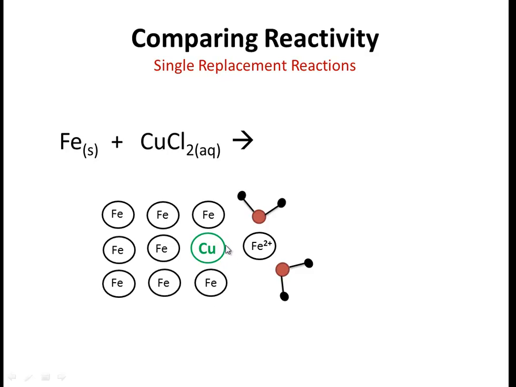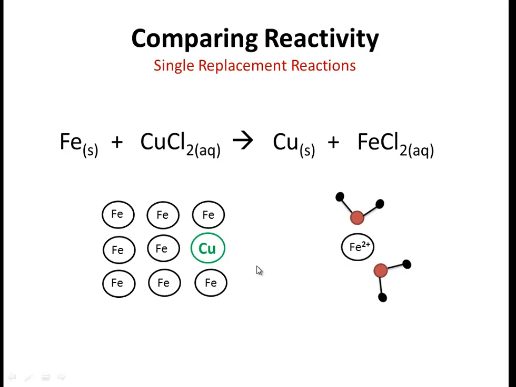The iron, having become ionized, goes into the water. It no longer wants to be hanging out with the other neutral irons. It's more attracted to the water, and then it goes off into solution to become iron 2 chloride.